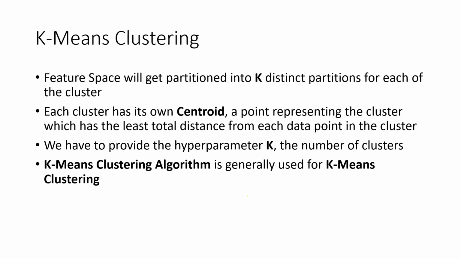Actually, we learned these distances for K nearest neighbors, but for the K-means clustering algorithm, which is an unsupervised learning algorithm, we are also using the same distance measures. And in K-means clustering, the feature space is something specific to K-means clustering, right?